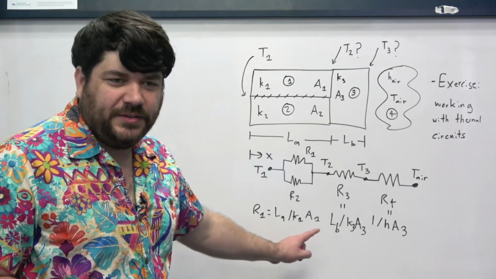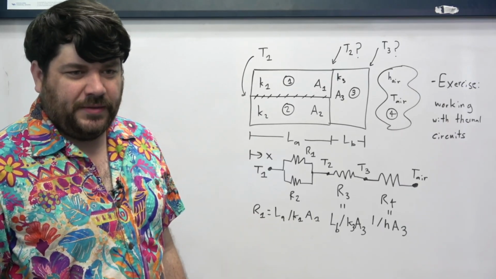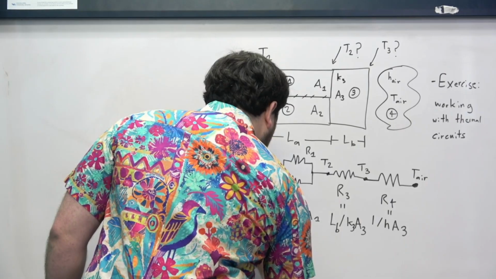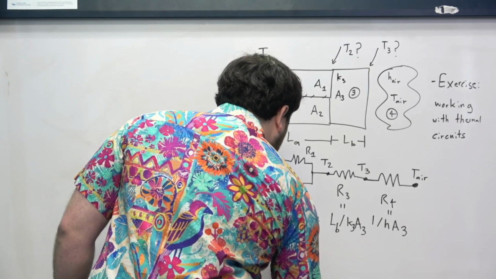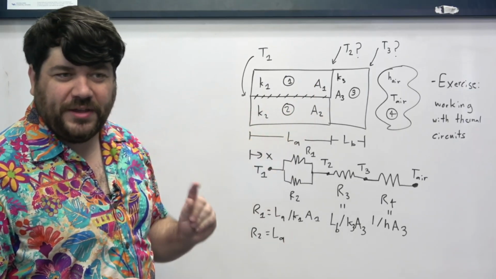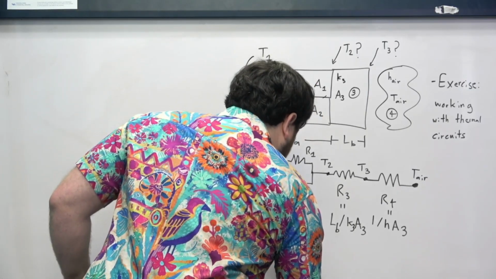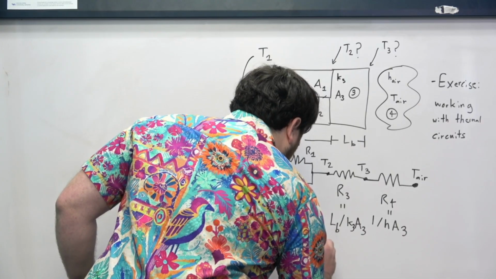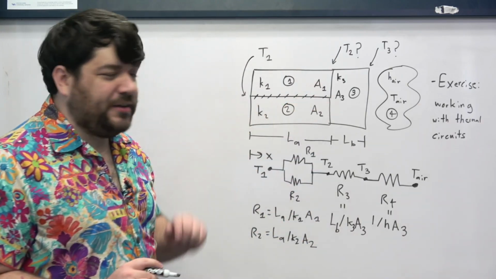So this is R1. R2, in the same vein, is L over K2 A2, because they share the same length, the same thickness. They both have the same thickness, but they do not have the same thermal conductivity or the same cross-sectional surface area.